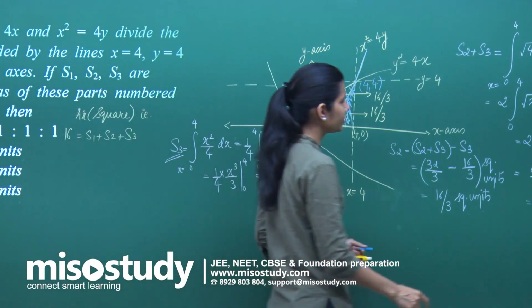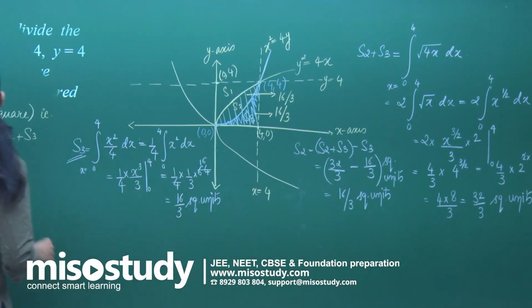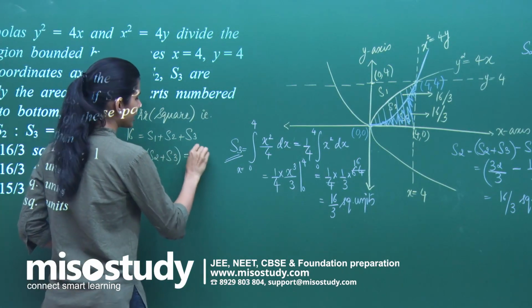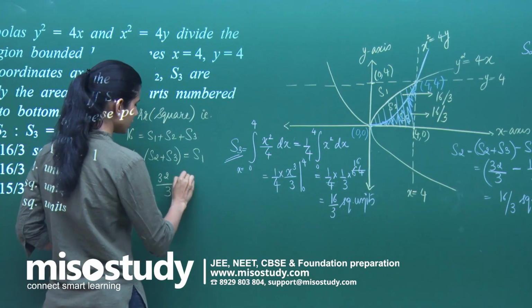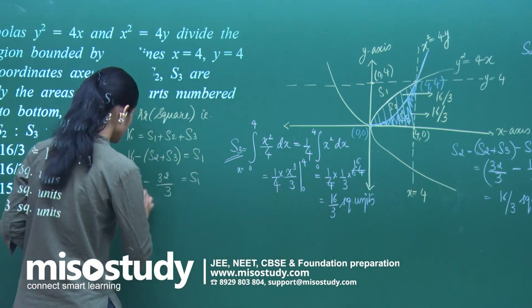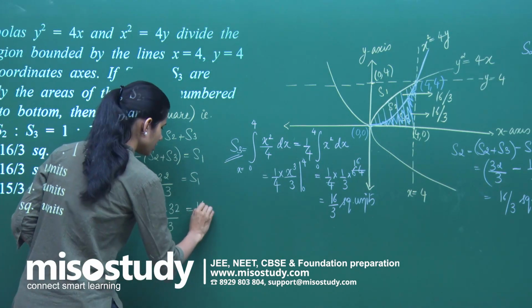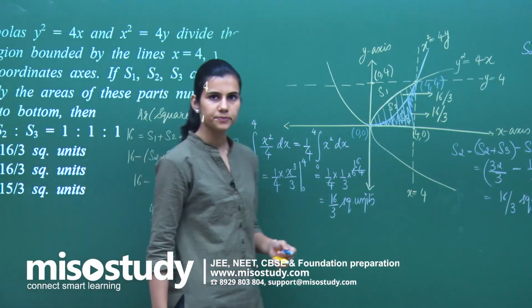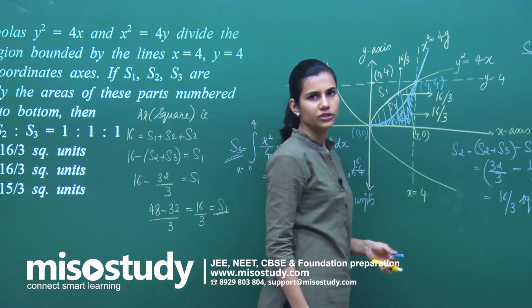But S2 plus S3 is 32 by 3 square units. So from 16, when I remove S2 plus S3, I get S1. That means from 16 I remove 32 by 3, I get my S1. This is 48 minus 32 by 3, which gives you 16 by 3 square units as S1's area. So you are even getting that S1 is 16 by 3.